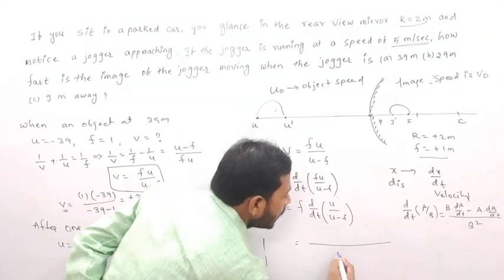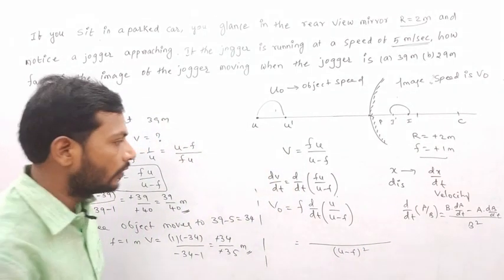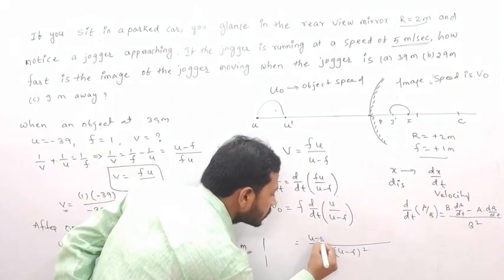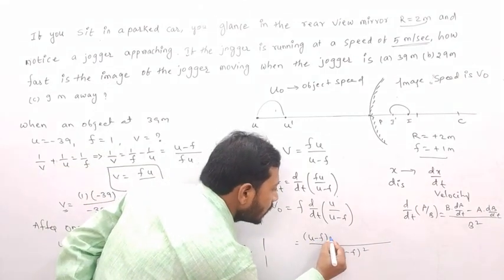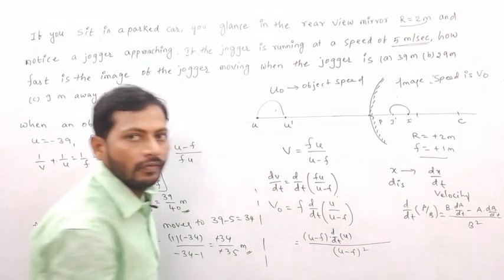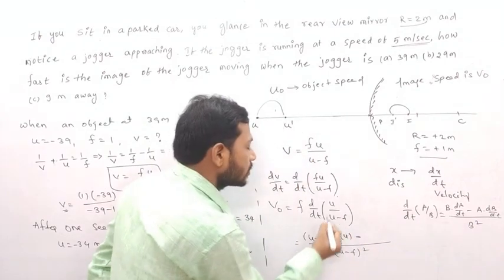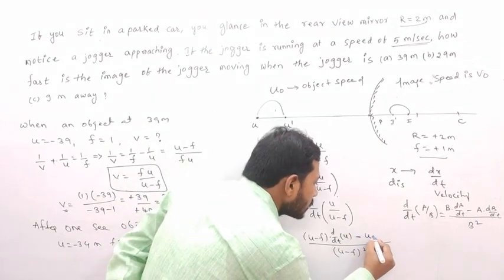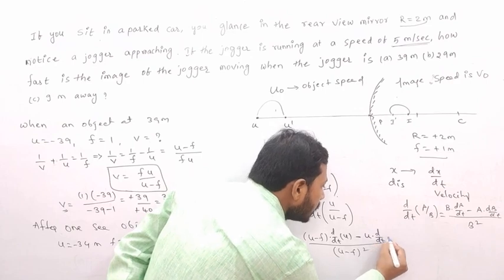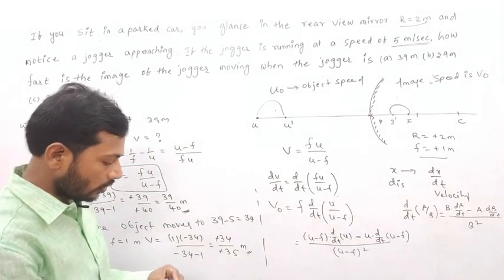Sir, the denominator square, u minus f whole square. Very good. Denominator is constant, u minus f is constant, d by dt of u. Very good. Minus, which is constant? Numerator is constant, d by dt of u minus f. Then what are you going to get, children?